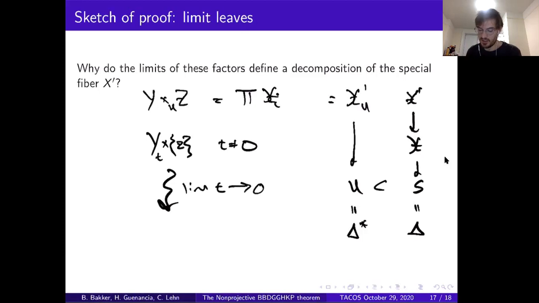And this gives me some limit cycle, let me call it F, inside the special fiber X_0. Okay, and we can do the same thing for the fibers in the other direction.